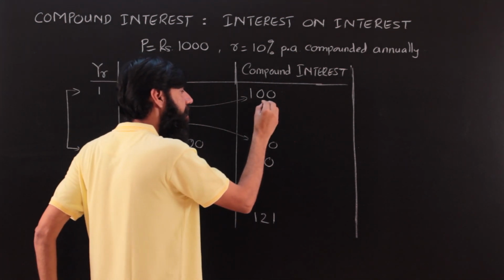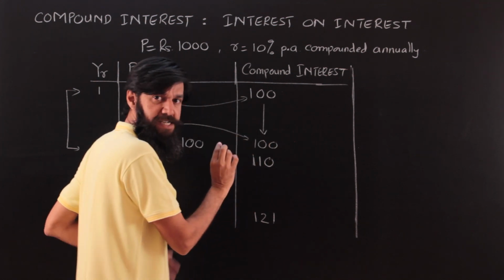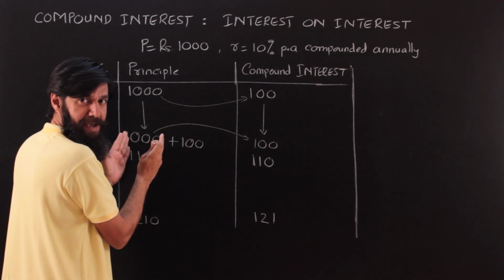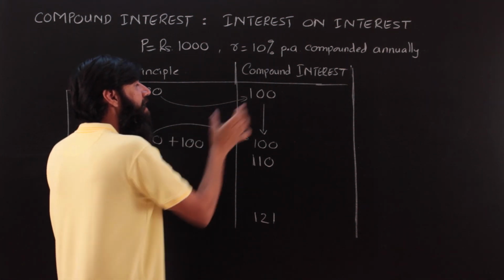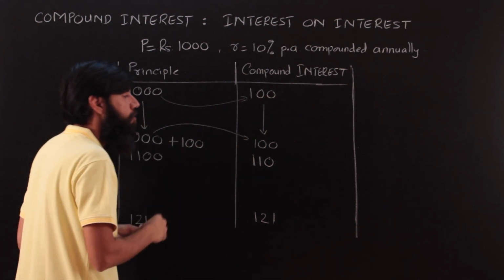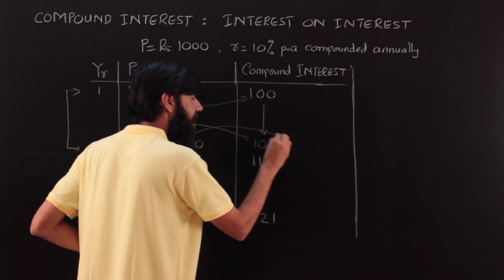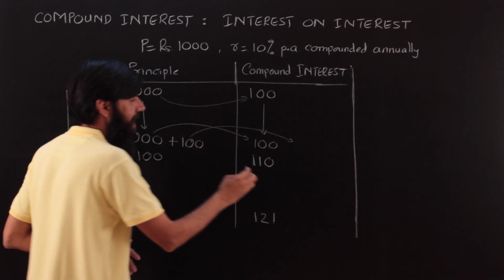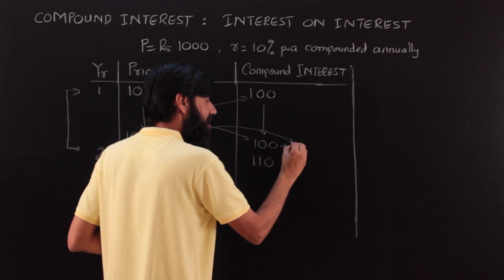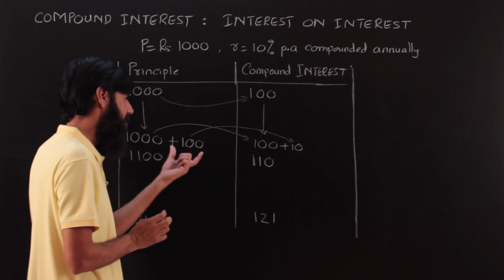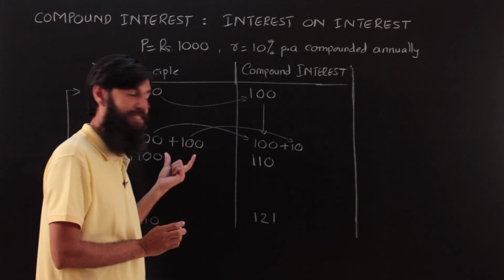No. So what I would like to think is I definitely get the 100 because that part of the principal remains, but the principal is also incremented by this amount itself. So I'll be getting an interest on the 100 also, at what rate? 10%. 10% of 100 is 10, which is the additional part that I get. And what is this 100? This was nothing but the previous year's interest, right?